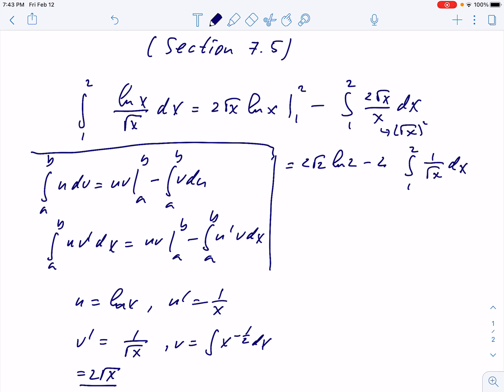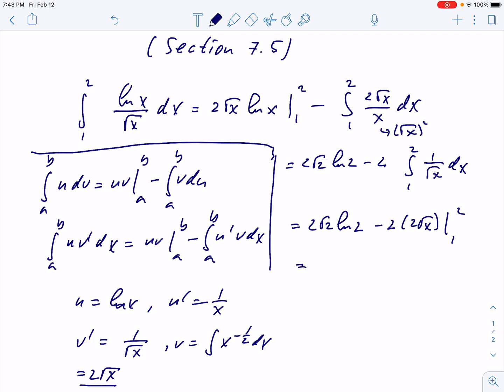Just this. And we already actually solved this integral. So we have 2 root of 2 natural log of 2 minus 2 times, and remember how we found v from v prime, so this will be 2 root of x between 1 and 2.